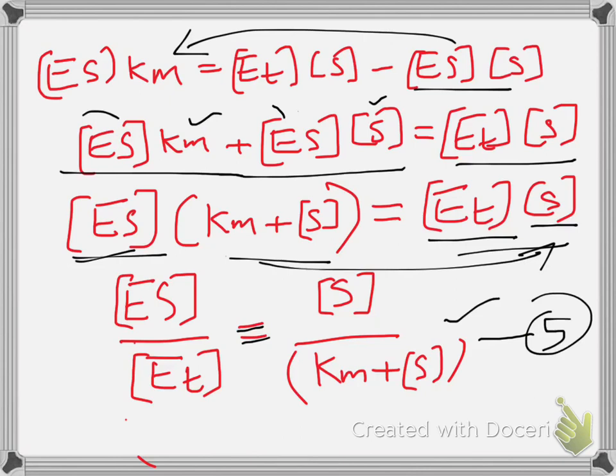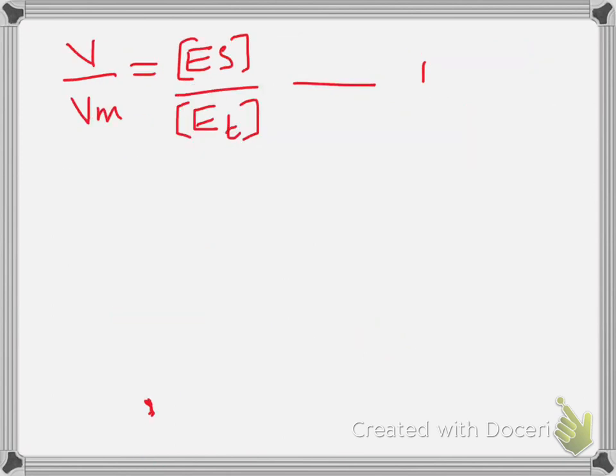Now we have another equation for ES by ET, that is V by Vm equals ES by ET. Now substitute the value of ES by ET from equation 5.